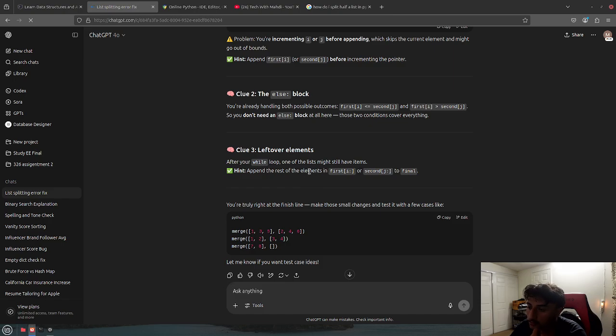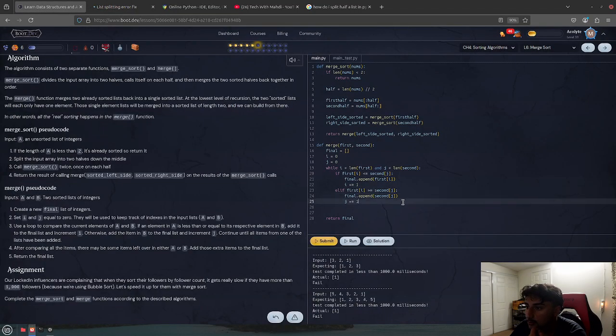The rest of the elements. I don't know how to do that.